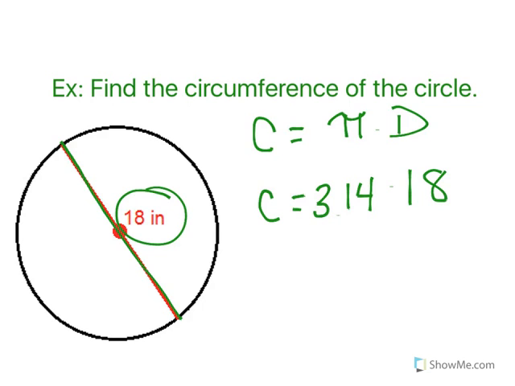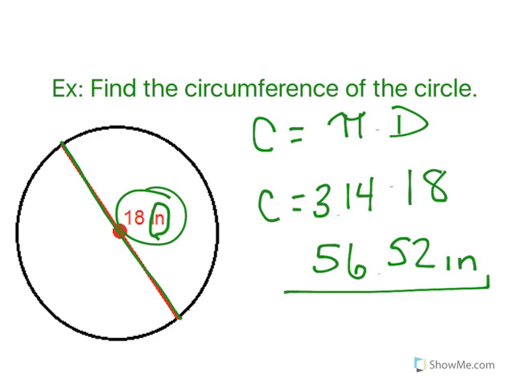So when we type in 3.14 times 18, we get 56.52, and we're going to put that in inches because that's what the unit was. So the circumference of this circle is 56.52 inches.